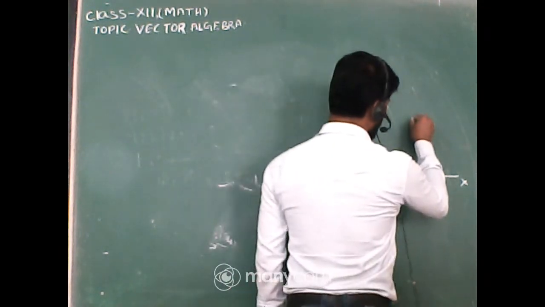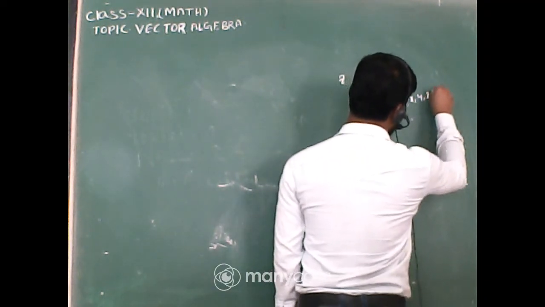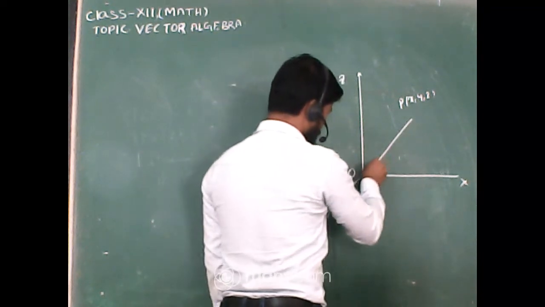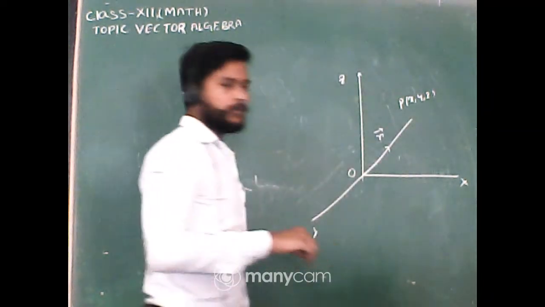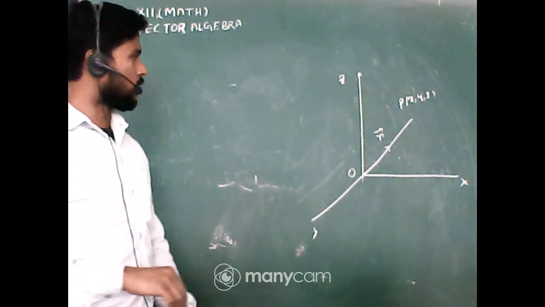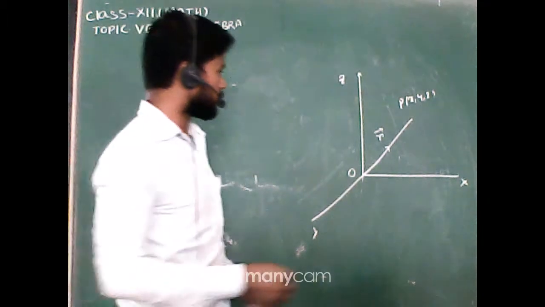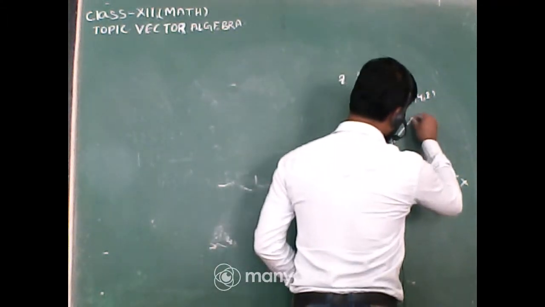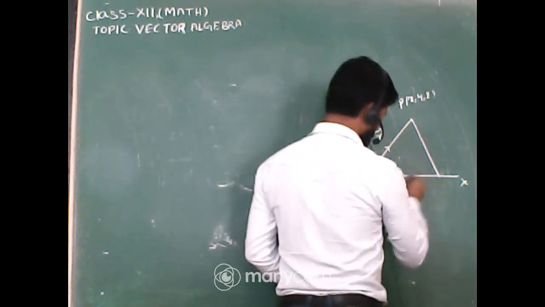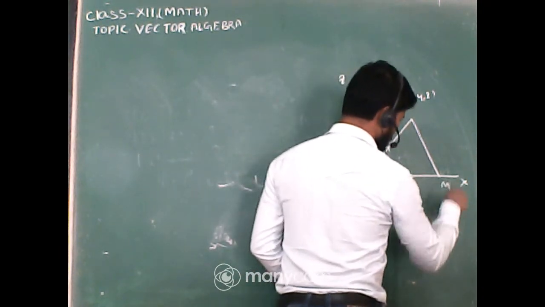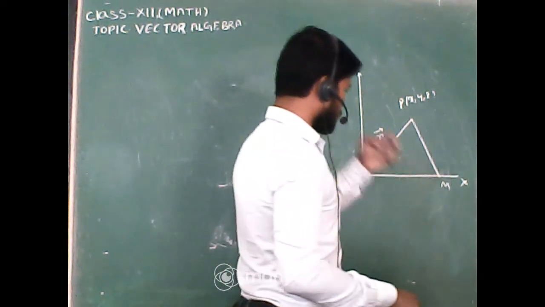Let us consider a point P whose coordinates are x, y, z. Let the vector OP be r. We have to represent it in vector form. So from here, draw a line perpendicular to the x axis. Suppose this is M.